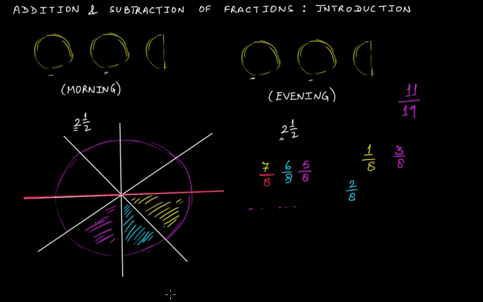You are now simply having a pizza, and someone says that now I'm going to take out 11 by 19 out of this pizza. What fraction of pizza is now left? Can you tell it orally? No, no, no, you cannot tell it orally. For that, we have to know about subtraction of fractions.